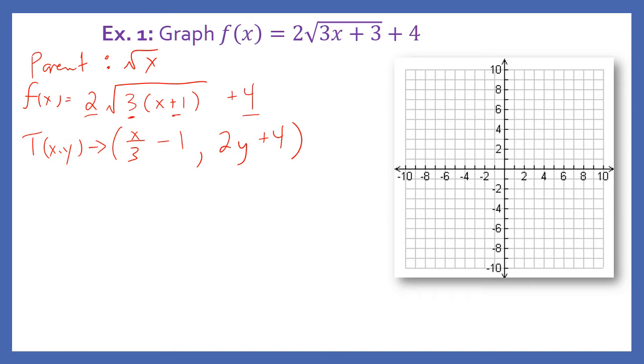Now we're going to have to go back and refer to what our parent points are for the root function. So we are going to transform. Remember, you can't take the square root of a negative, so 0, 0, 1, 1, 4, 2, and 9, 3.